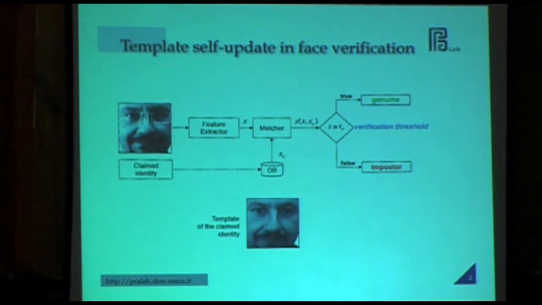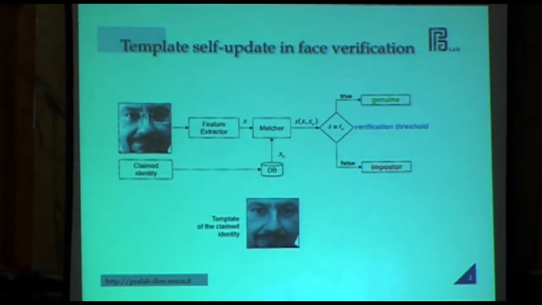But some verification systems are equipped with a functionality called template self-update. It's a simple functionality, but quite useful if you have a changing environment, for example when the appearance of people changes, or the environmental conditions change.